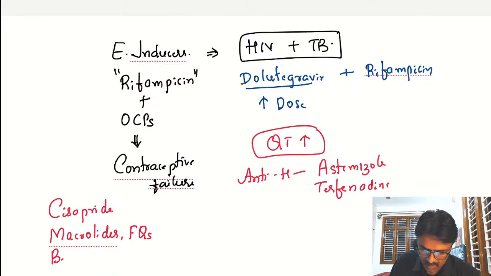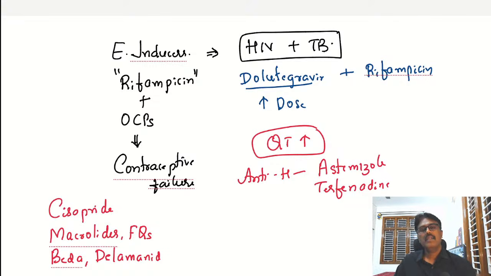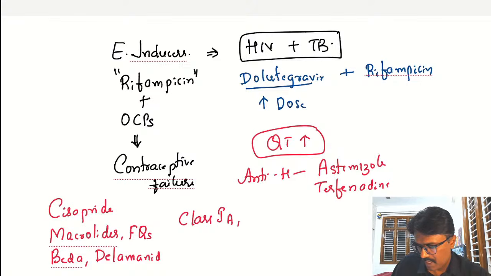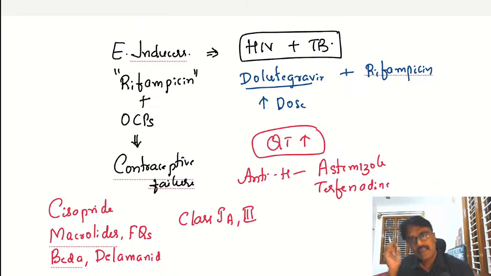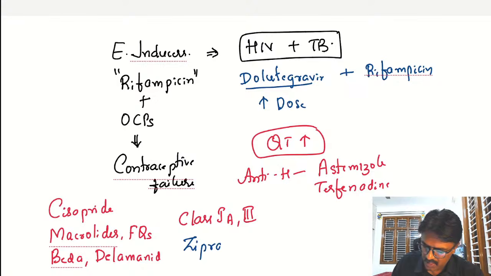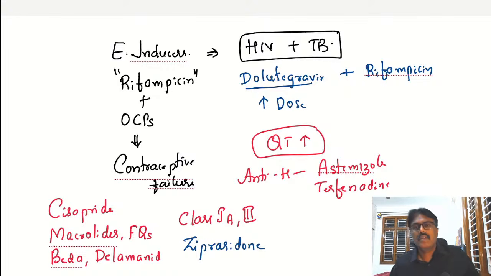Just now I told you TB drug bedaquiline, then the drugs called delamanid, pretomanid, they can cause QT prolongation. Even antiarrhythmic drugs, that is class 1A and class 3 drugs, are also going to cause QT prolongation. Okay, so these are major drugs which are tested. Now again, an antipsychotic drug which can be tested for QT prolongation is ziprasidone. There are plenty of drugs which can cause QT prolongation, but what I told you is frequently tested in exams.